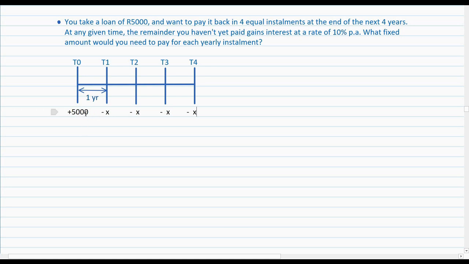Then as time passes, it accumulates interest and increases in value, but at the end of each of the following 4 years, you remove a certain fixed amount X, which is deducted from the 5,000 and its accumulated interest, which is why it's written as minus X. And the overall goal is that by the end of the 4 years, you want the loan value to equal 0. So the question is, what is the value of X?